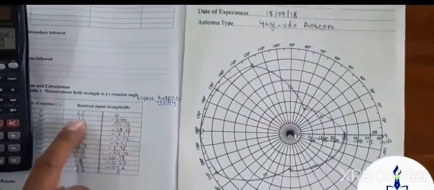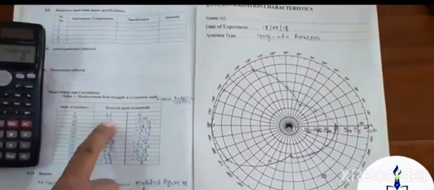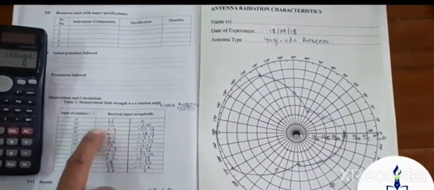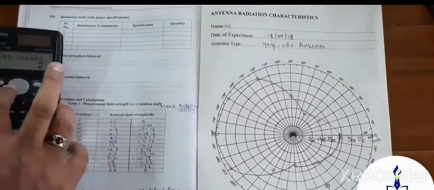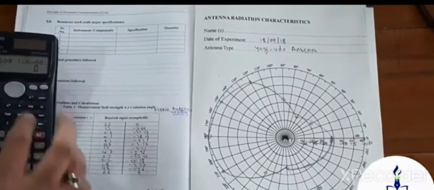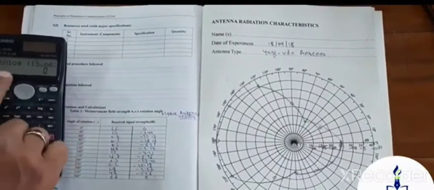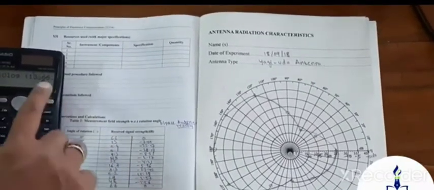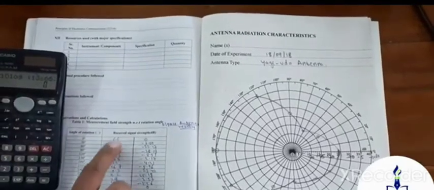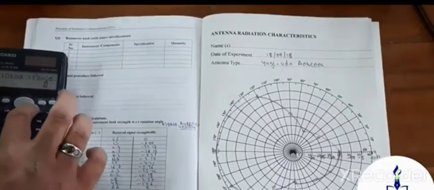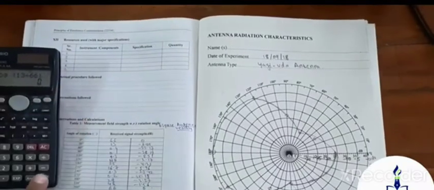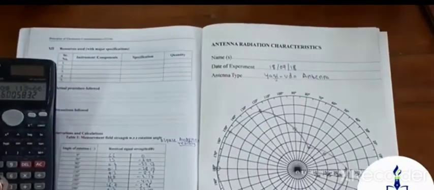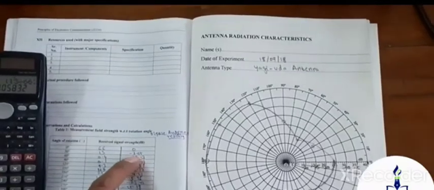Likewise, let's take the second one. For 30 degree I have received 13. So first calculate 13 divided by 66. 10 log of 13 divided by 66, where 66 is the I max value, comes to approximately minus 1.05.